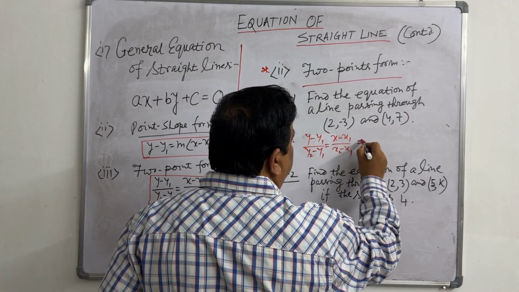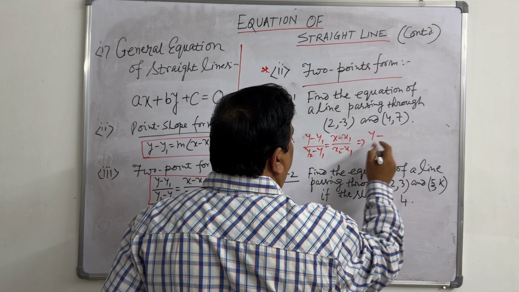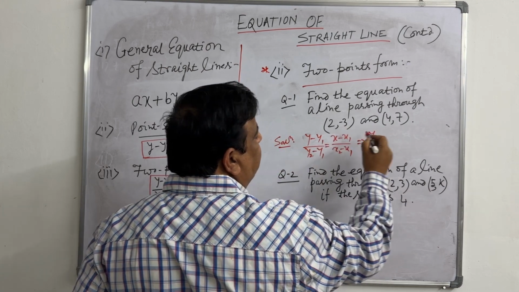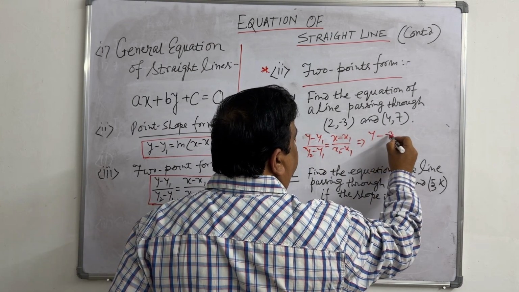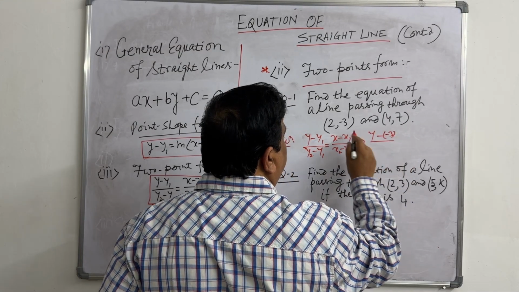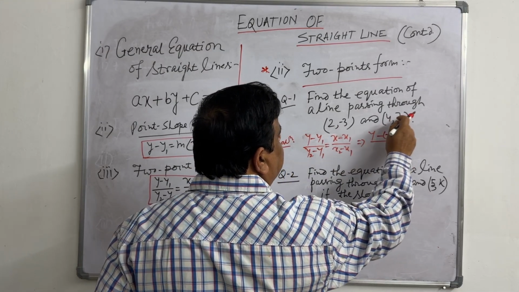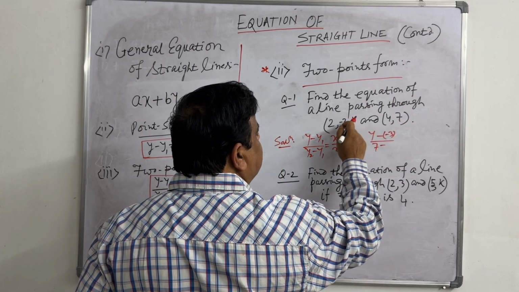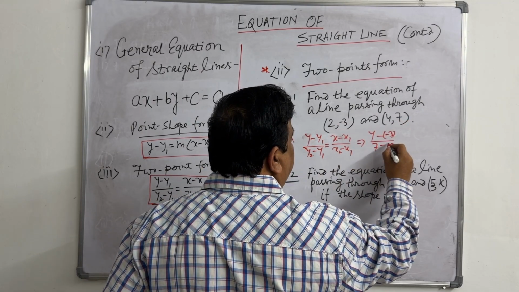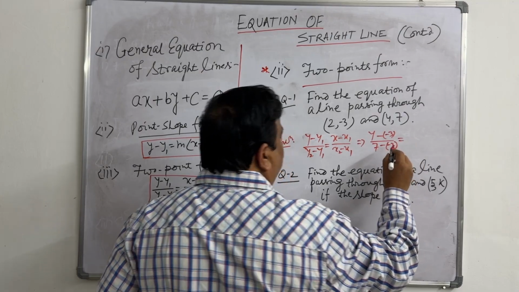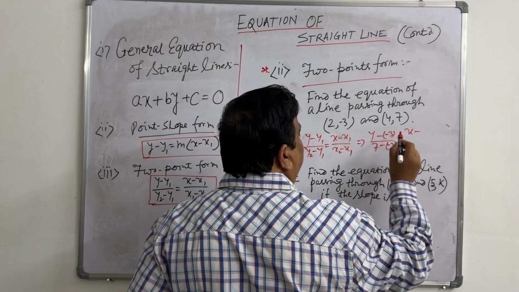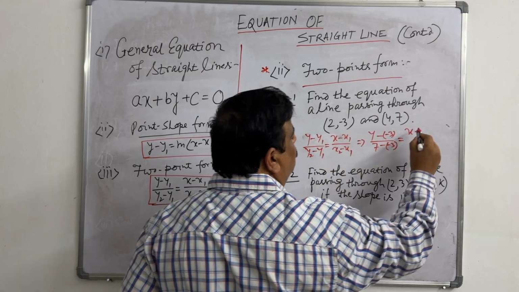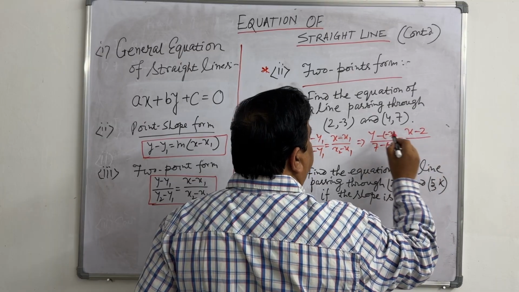Put the values. y minus y1, y1 is minus 3, by y2. What is y2? This is 7 minus y1, that is minus 3, is equal to x minus x1, that is 2, by x2.